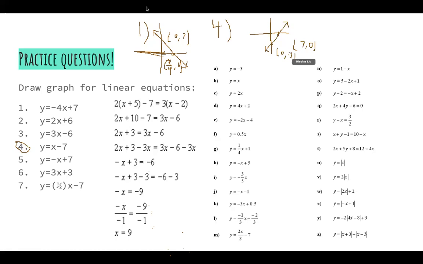All right. Next one we can do is g, y equals 1/4 x plus 1. I'll give you a minute.